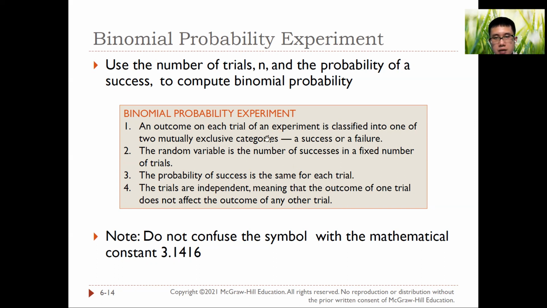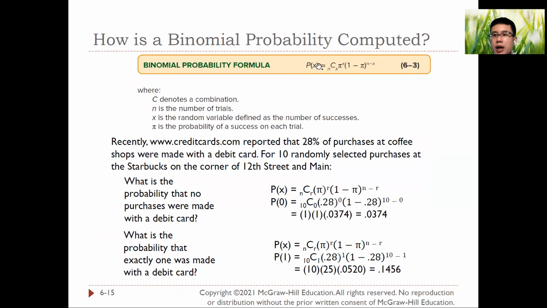If an experiment fulfills these four requirements, we can classify it as a binomial probability, and then we can use this general formula to find the probability of its x subscript i. Suppose that x is a possible value of big X.